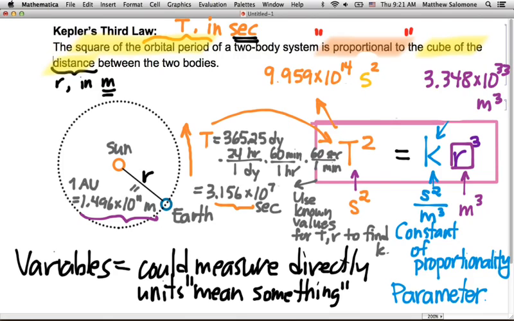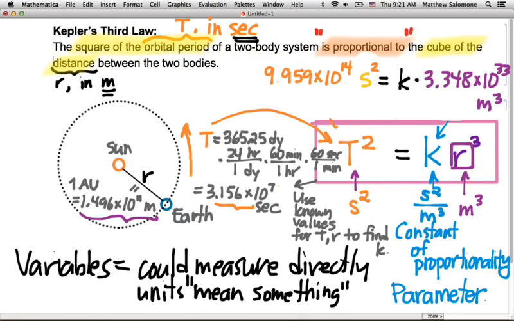Okay, so putting in 1 AU for r and cubing it gives me that awful gigantic number on the right-hand side. And then going back to our equation, we know that k, our constant of proportionality, is going to be determined by the fact that if I multiply k by that 3.348 times 10 to the 33 cubic meters, I'm going to get 9.959 times 10 to the 14th square seconds.